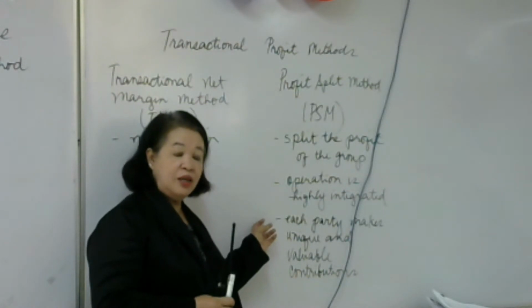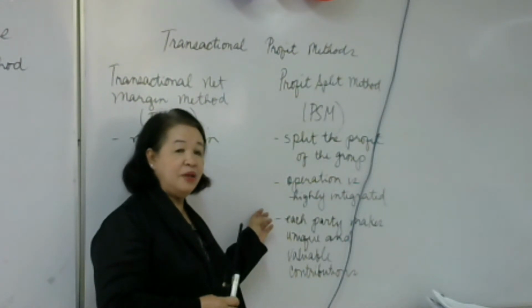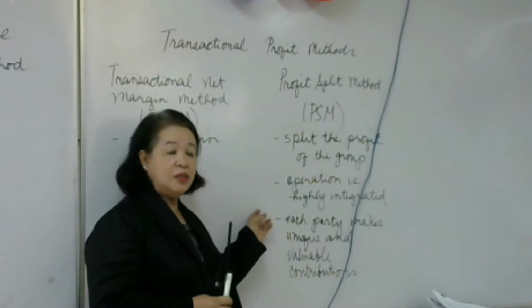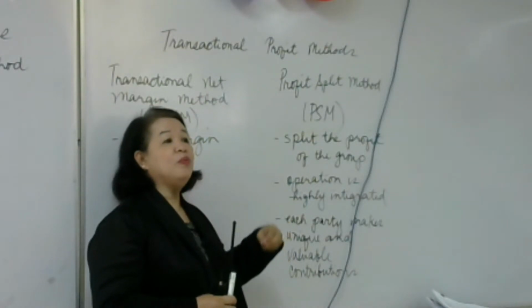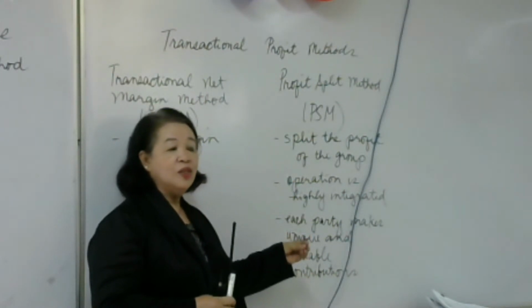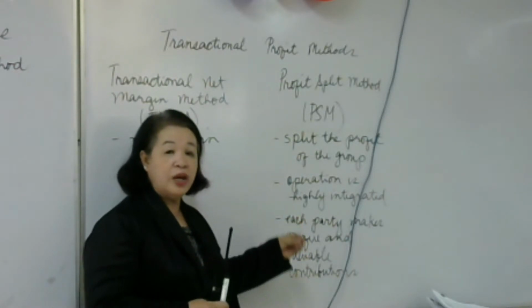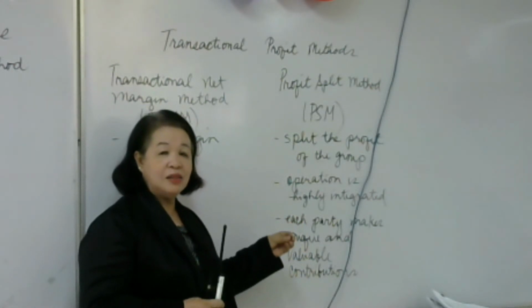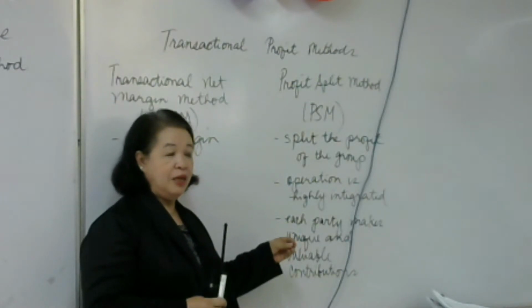Yung tax authority. Especially if the group of companies are situated in different parts of the world. So anong dapat? Determine mo kung magkano yung income ng company sa Philippines so that the Philippines will also get its share in the tax that should be paid by the company, no?